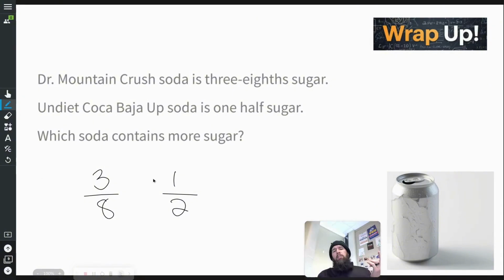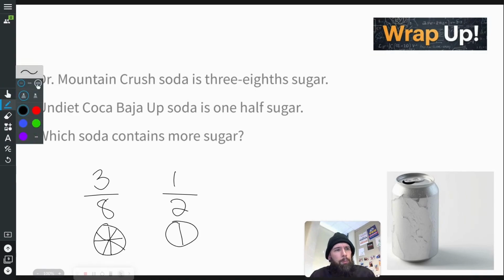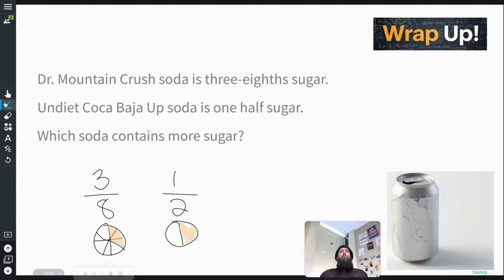All right, well, I've got 3/8 compared to 1/2, so 3/8 makes me think pizza. So I will cut you up into slices of pizza. And then 1/2 is easy to draw out. Okay? So let's shade, shade, shade. 1, 2, 3 versus 1 out of 2.